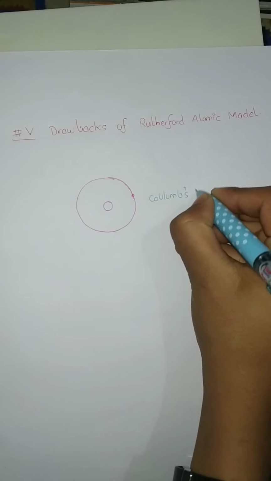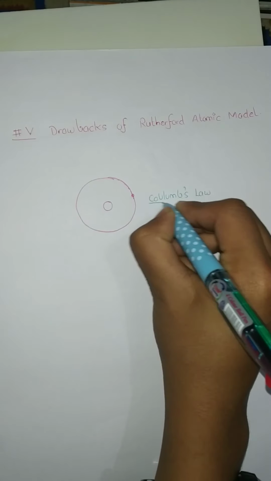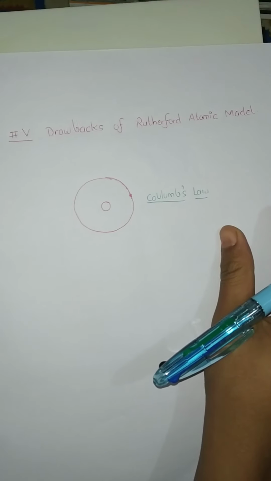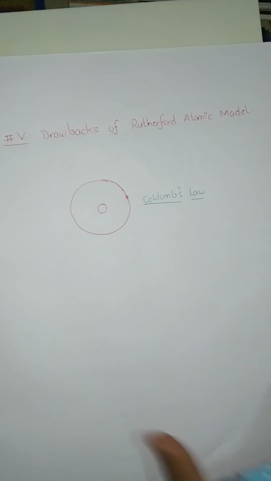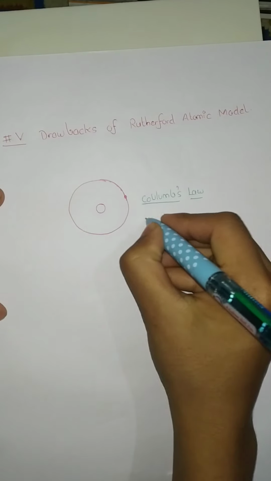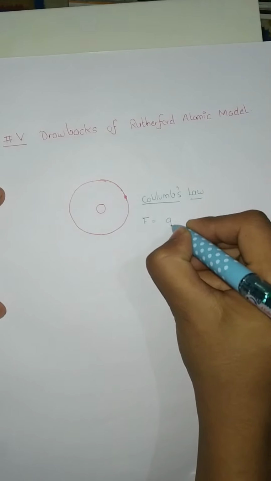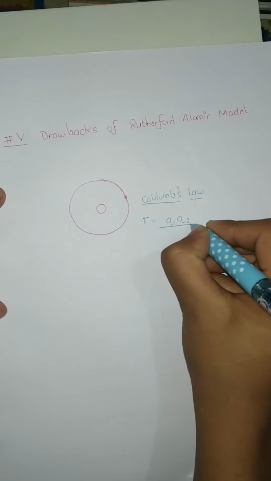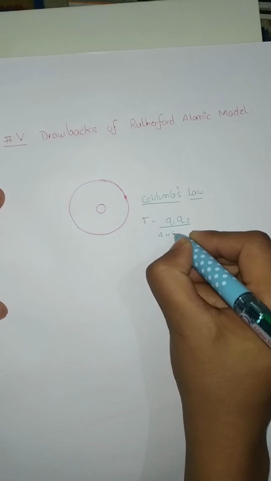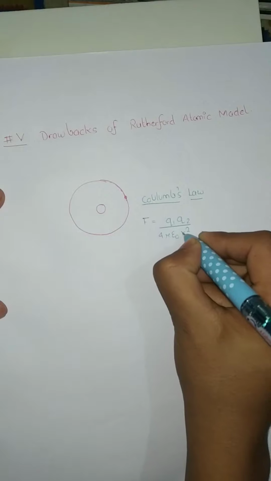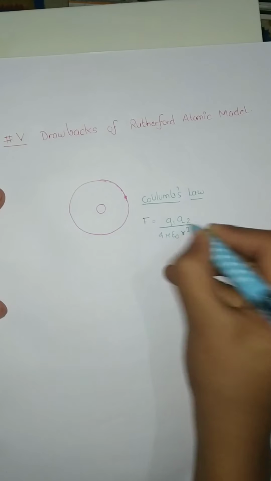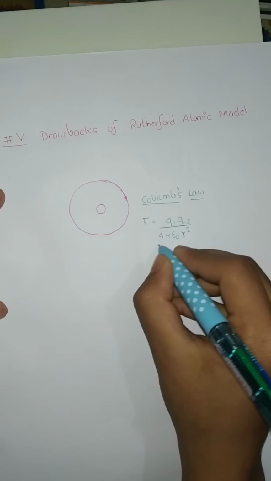I hope that the spelling is correct. Coulomb's law, and I hope you all know about that law. That's an easy law. Let me write it. The force equals Q1 Q2 by 4 pi epsilon naught R squared. Q1 and Q2 are charges, R is the distance between the charges.